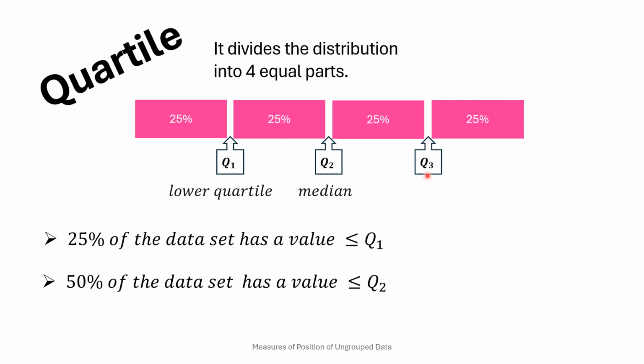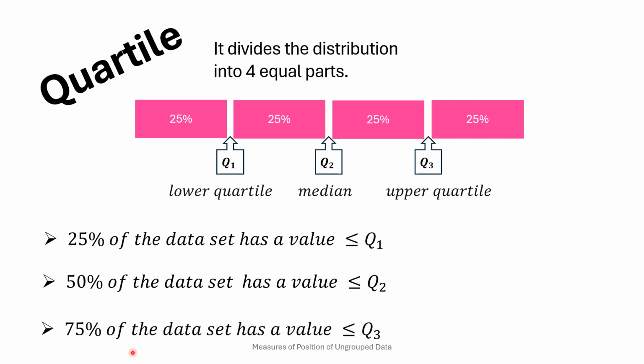The position of the upper quartile, which is Q3, means 75% of the data set has a value which is less than or equal to the third quartile.